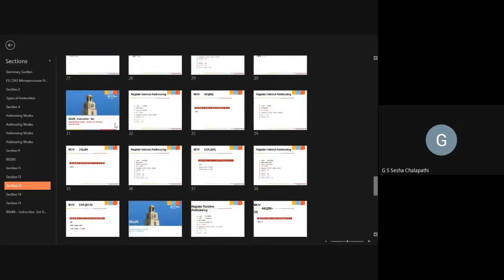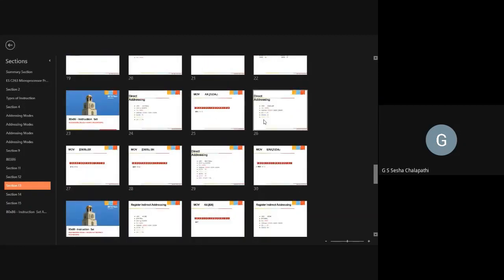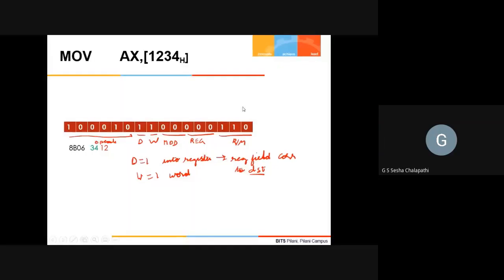One second, let me go to that particular slide. If we are using 8086 or 80286, this will particularly mean that you are using 16-bit registers.